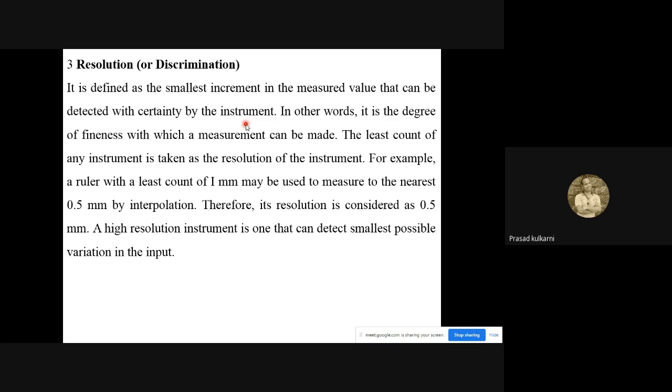Nowadays, if even the smallest increment in the measured value is shown by the instrument, that instrument has good precision and good accuracy.